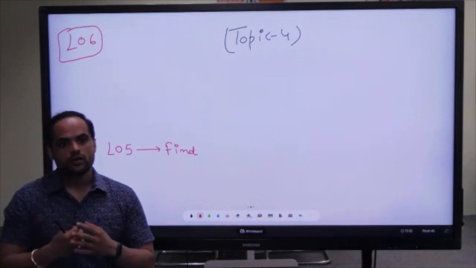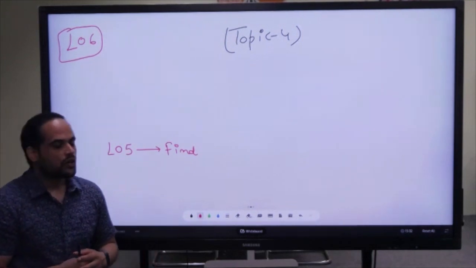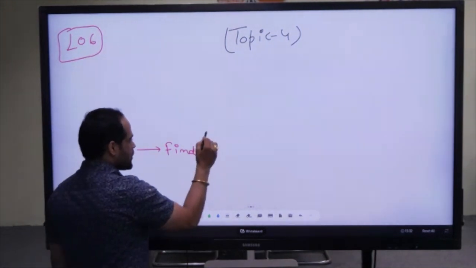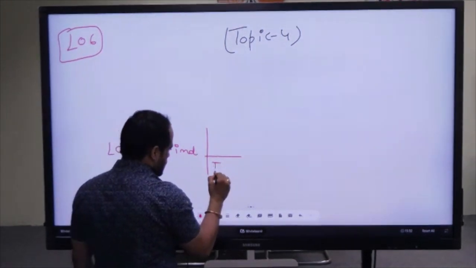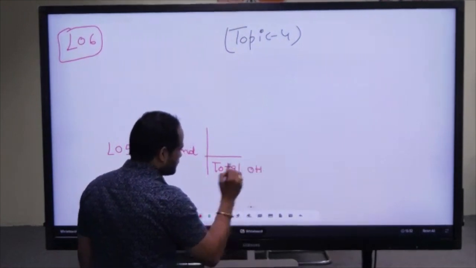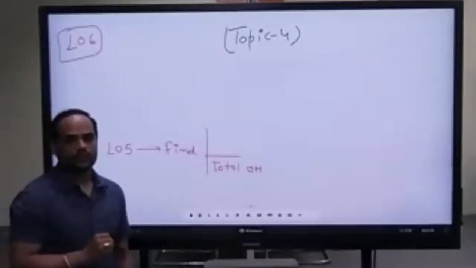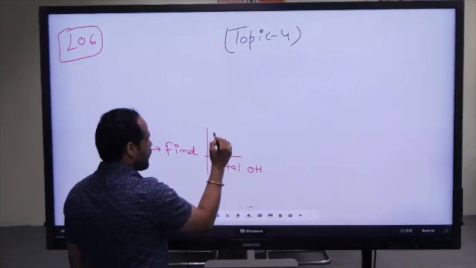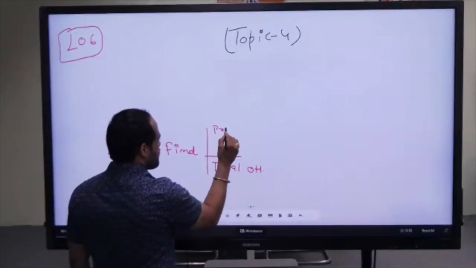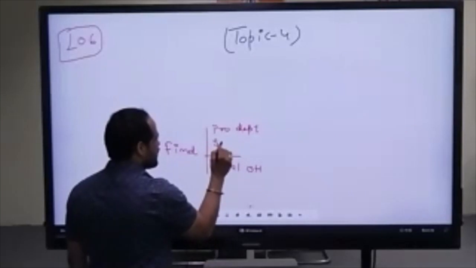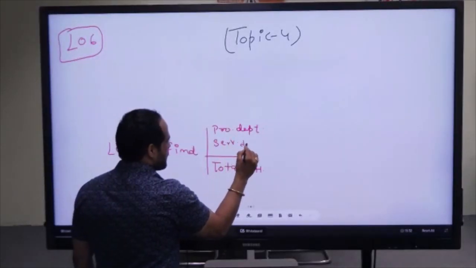In other words, with learning outcome 5, we calculate total overheads. Total overhead means overhead or indirect cost from the production department and a service department.